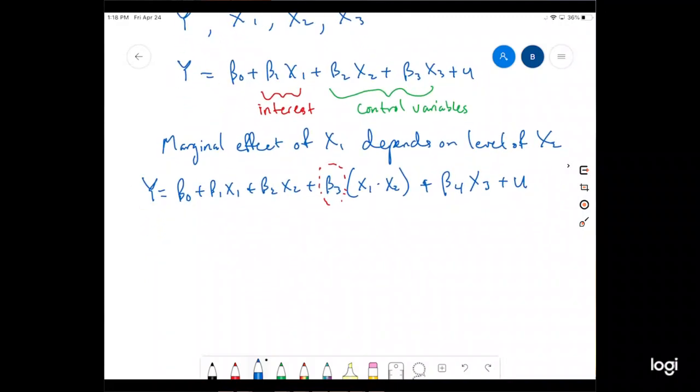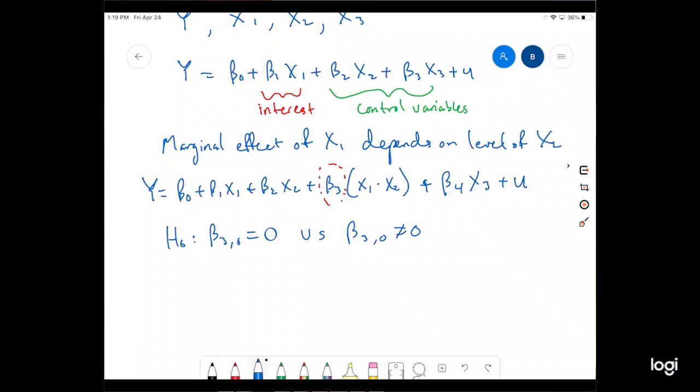The null hypothesis is going to be beta 3 is equal to 0 versus beta 3 not equal to 0. Now write down a test statistic to test the null hypothesis from this regression, and figure out what criteria you would use to decide whether or not you can reject your null hypothesis.